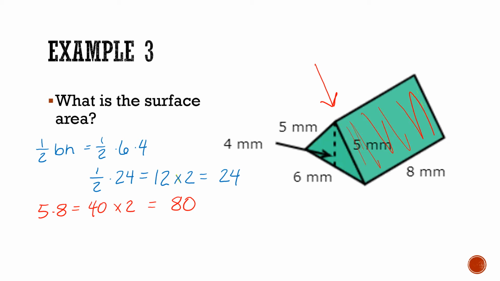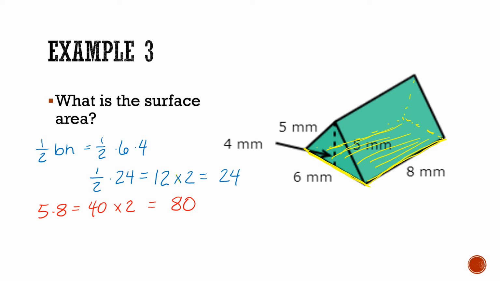Okay, so let me erase all this mess so that we can see. So we're looking at the part that it's sitting on. So that would be this and this. Again, I know that's kind of hard to see what I'm talking about, but I'm talking about this base here that it would be sitting on.